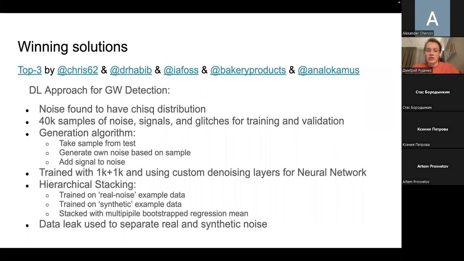And they trained several models on synthetic data. After that, they stacked it with multiple bootstrapped regression models and got just the mean of every parameter, and that was their final prediction.